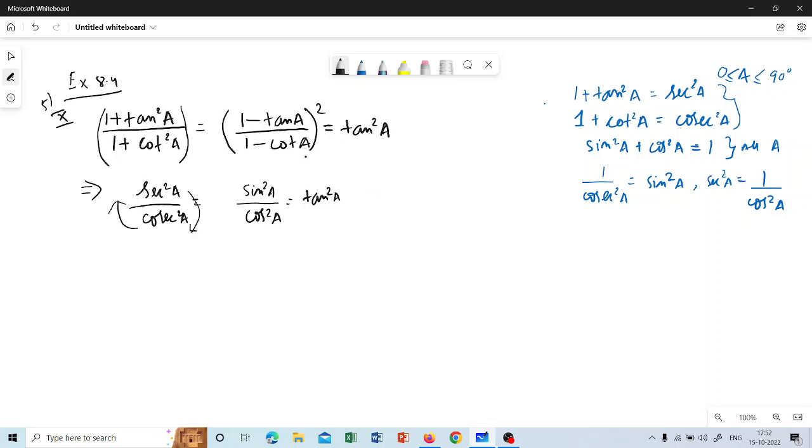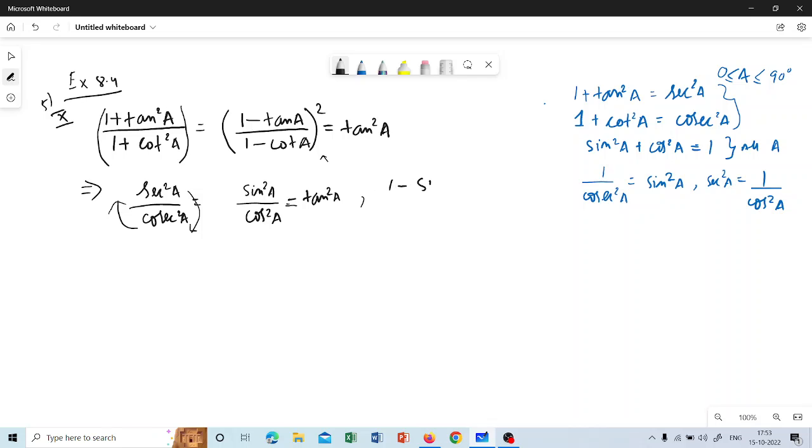Now coming to this one, (1 minus tan A) by (1 minus cot A), whole square. I will first start by expanding, as I said, when tan is there you have to start by expanding. In most cases it will work, but there are cases we saw where sometimes it is not working.